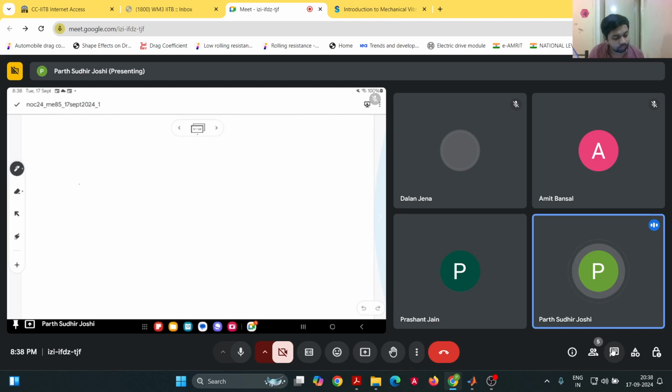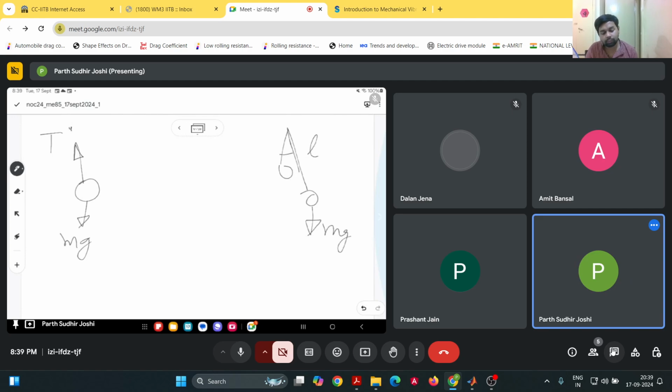So for a simple pendulum, we have the tension and mg. If you take the moment of the force mg about the pivot point, let us say O, it is mg into L sine theta.